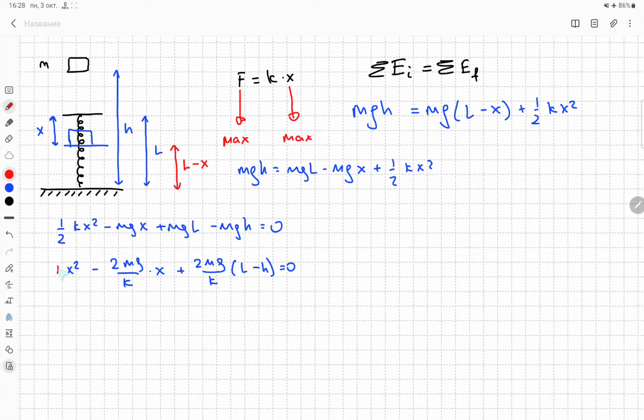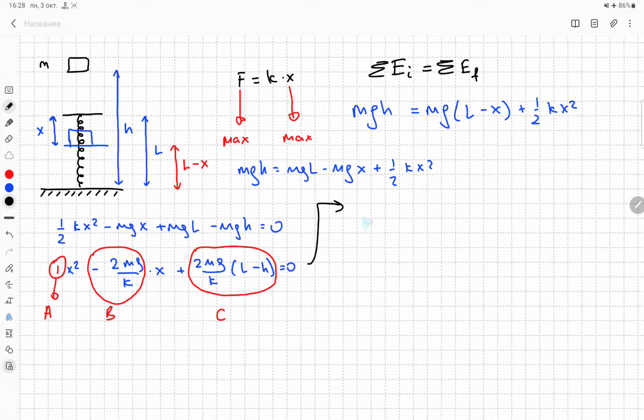So here we have 1. 1 is A. This part is B. And this part is equal to C. So x equals minus B plus or minus the square root of B squared minus 4AC, divided by 2A.